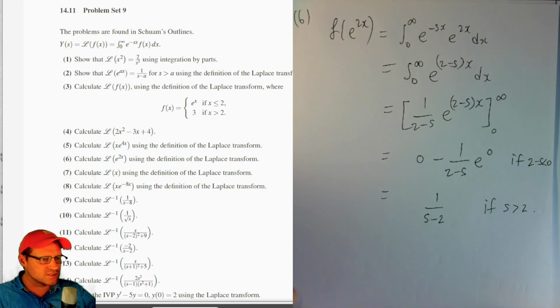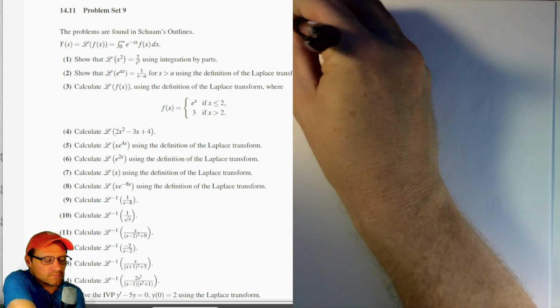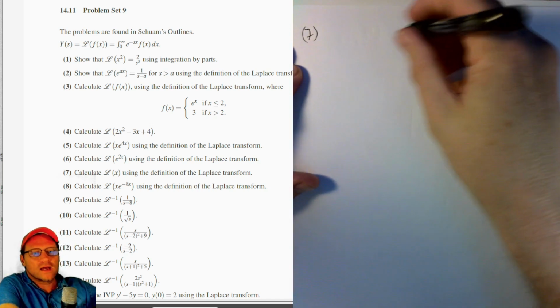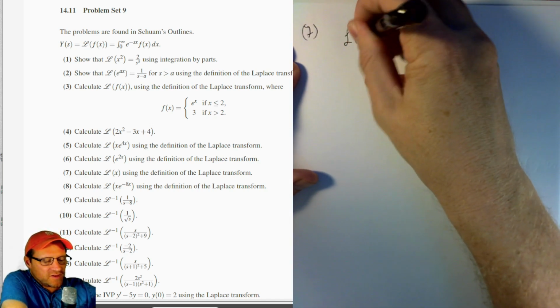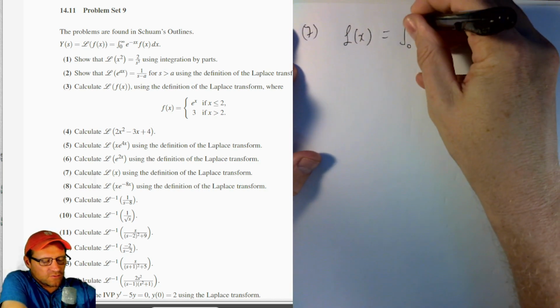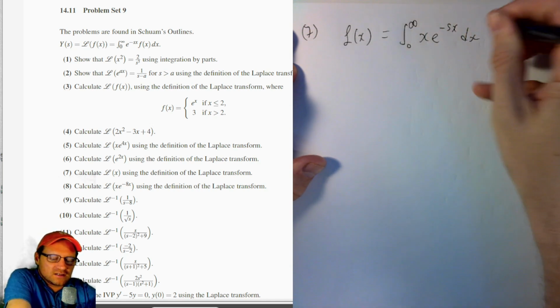All right, question 7. Calculate the Laplace transform of x using the definition. So the integral from 0 to infinity of x e to the minus sx dx.